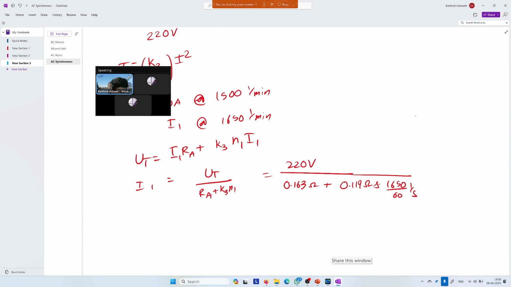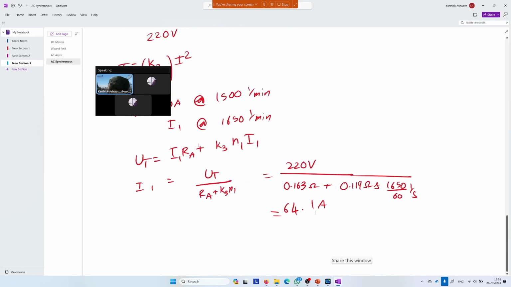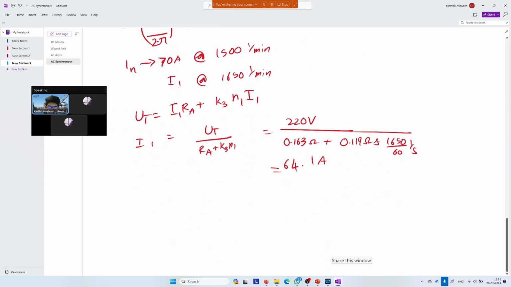We're getting volts by ohms, which is exactly current. 0.163 plus 0.119 times 1650 by 60. Okay, now we're on the right track: 64.1 amps.